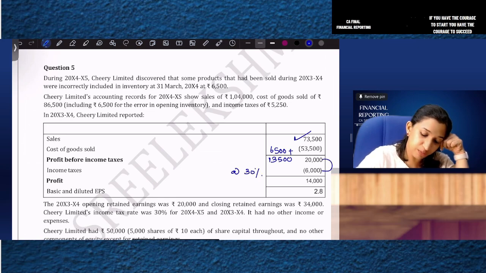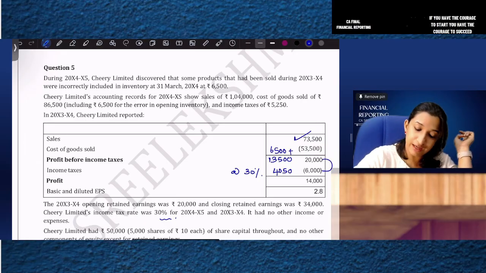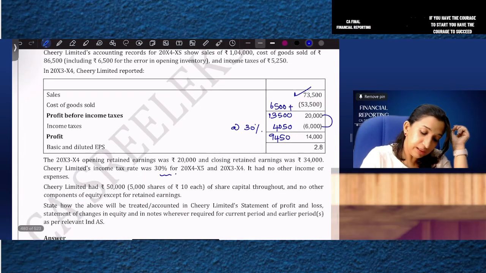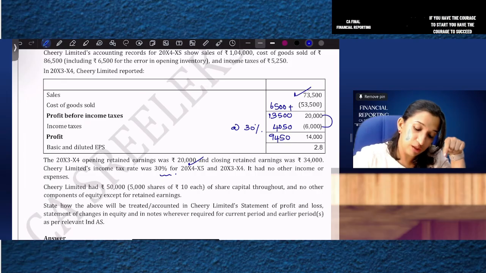6,000 out of 20,000 is 30 percentage, the income tax rate is 30 percentage, so it is 4,050. So the corrected profit should be 9,450. In 13-14, opening retained earnings was 20,000 and closing retained earnings is 34,000.